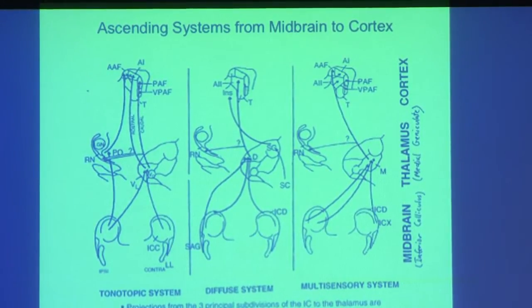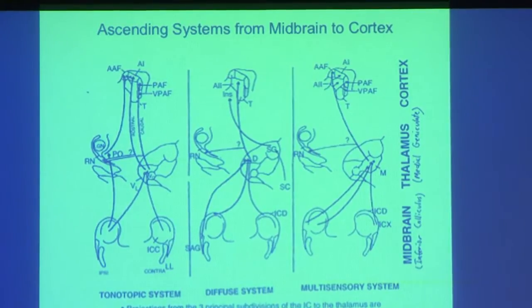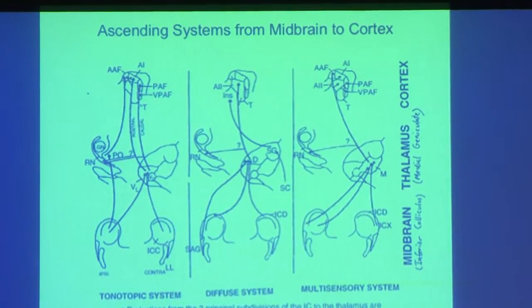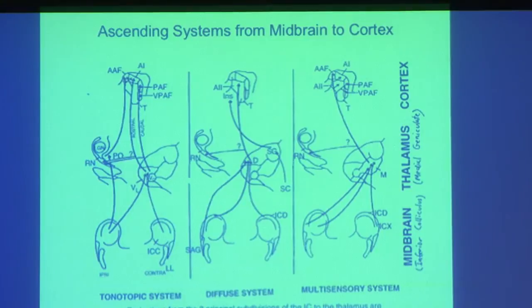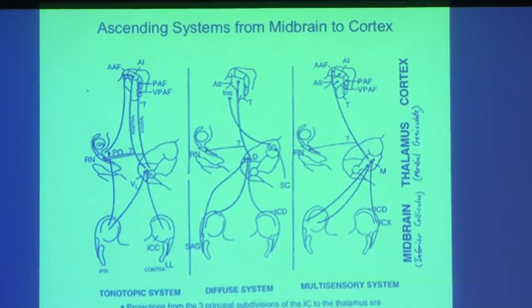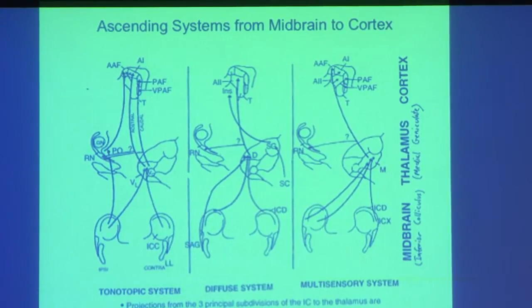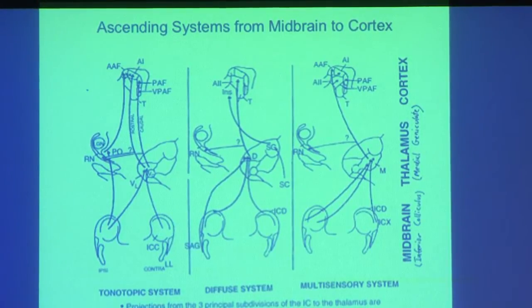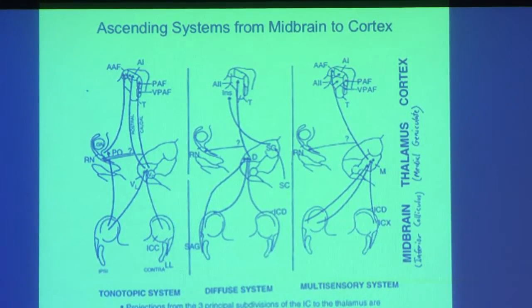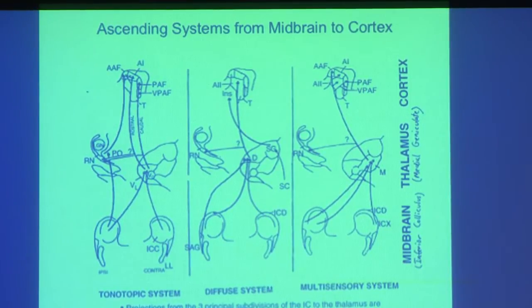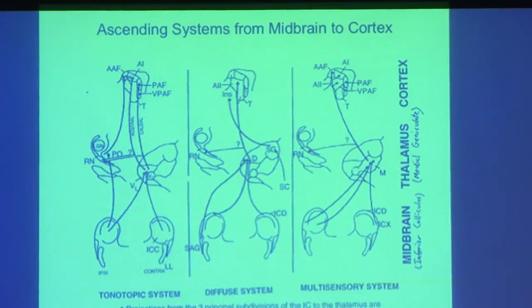It has a strong tonotopic organization. We talked last time about neurons there having time-intensity trading because they get, in some cases, input from both LSO and MSO. We talked about coding for stimuli that had precedence-like effects in the inferior colliculus.